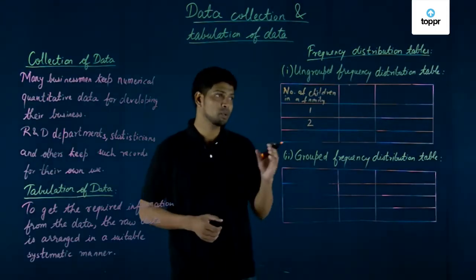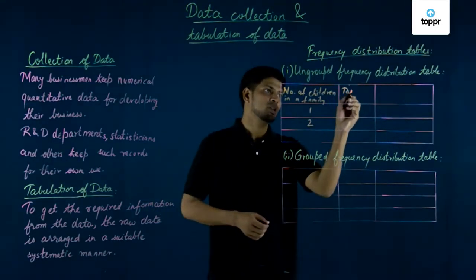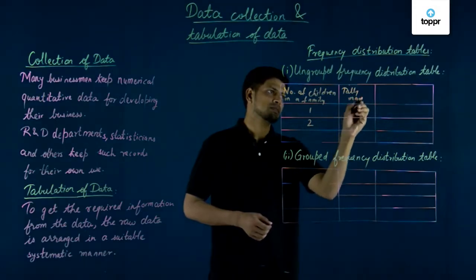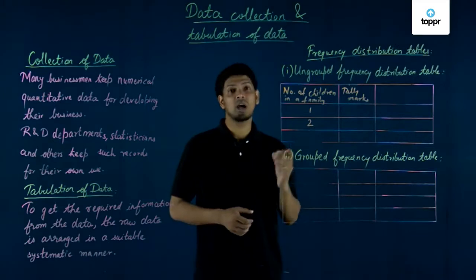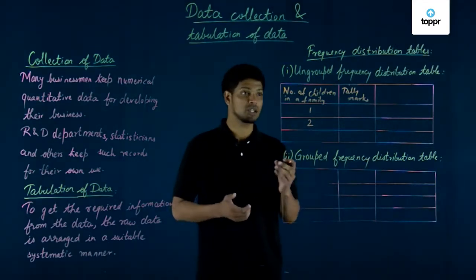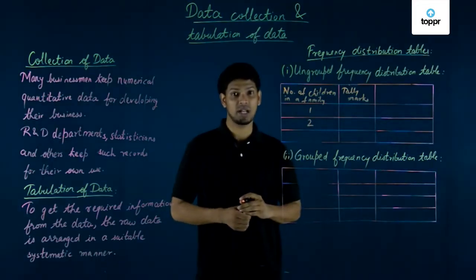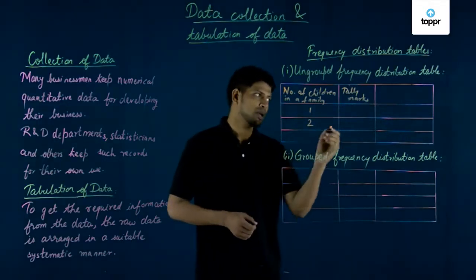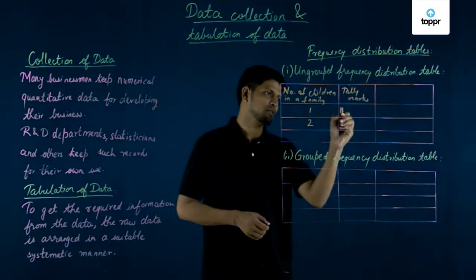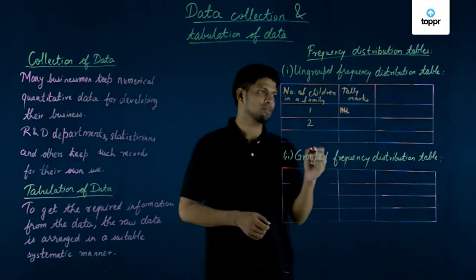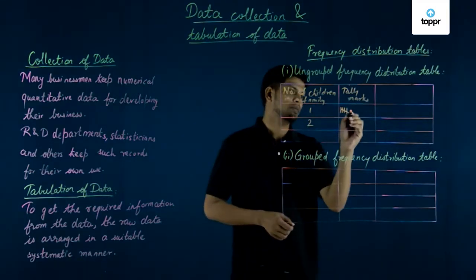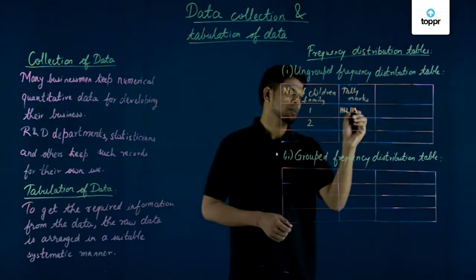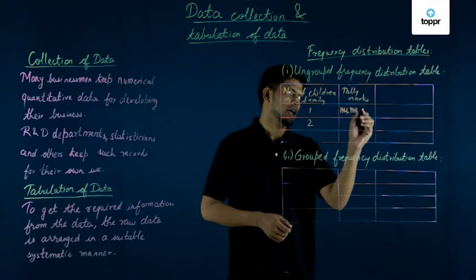When you get the data, you prepare tally marks. For example, you start counting how many families have 1 child and how many families have 2 children. You start counting and visiting families, and you got 1, 2, 3, 4, and this is 5. This is the way we do tally marks. So 5, 6, 7, 8, 9, 10 and 11.